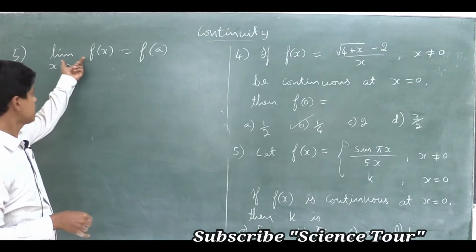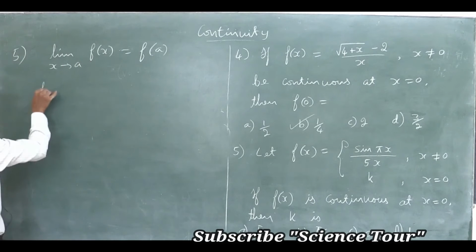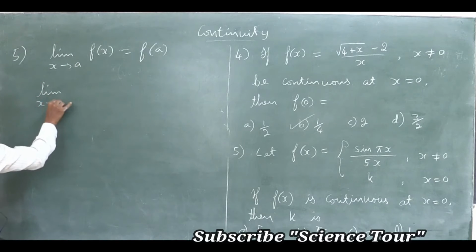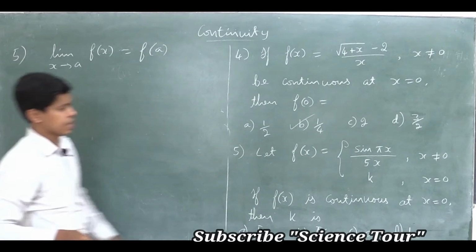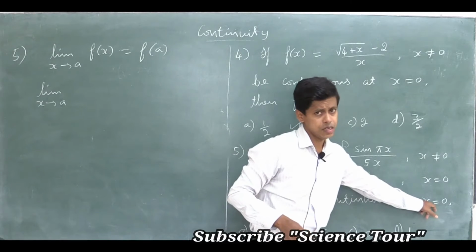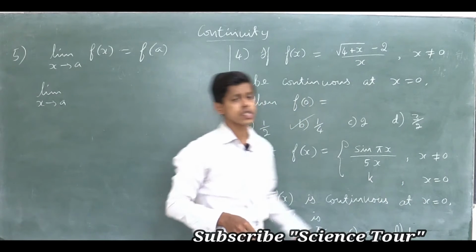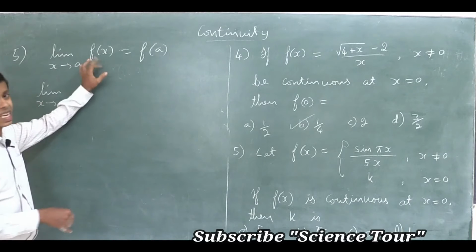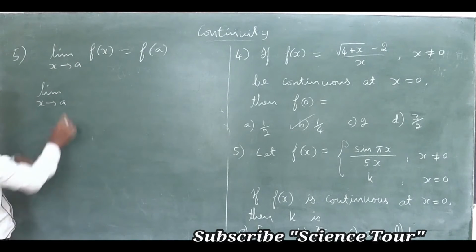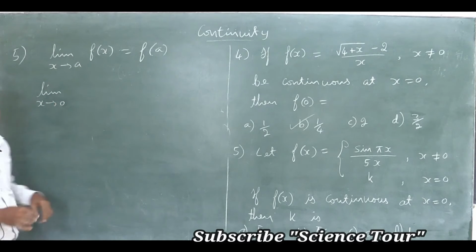So let's find the limit at the specified point, and what is that point here? At x is equal to 0. They have given that the function is continuous at x is equal to 0. Therefore, the limit must exist at x is equal to 0.